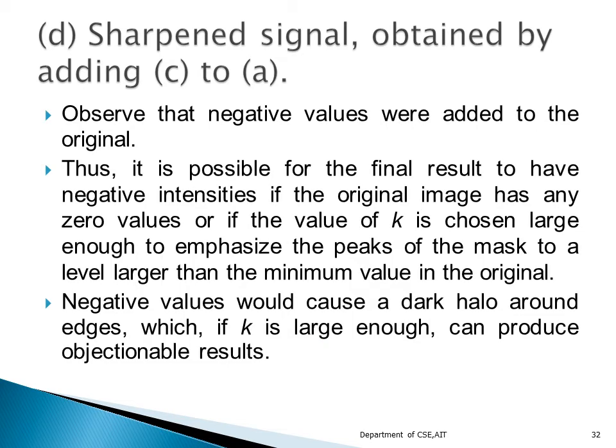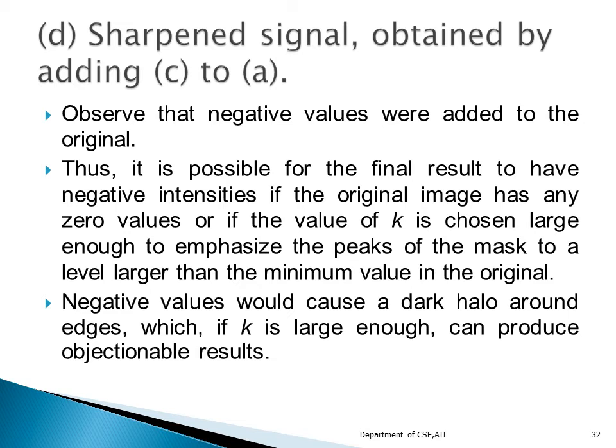When I add my image C and image A, we can also add negative values. But we have to take care that the k value is chosen properly, so that it emphasizes the peaks of the mask to a level larger than the minimum value in the original. If we have very large negative values, it is going to create an objectionable result.